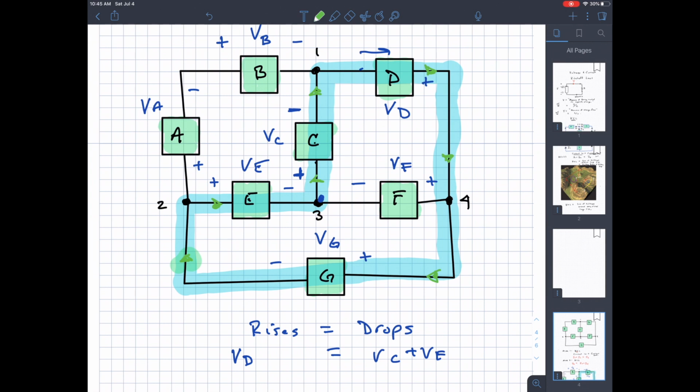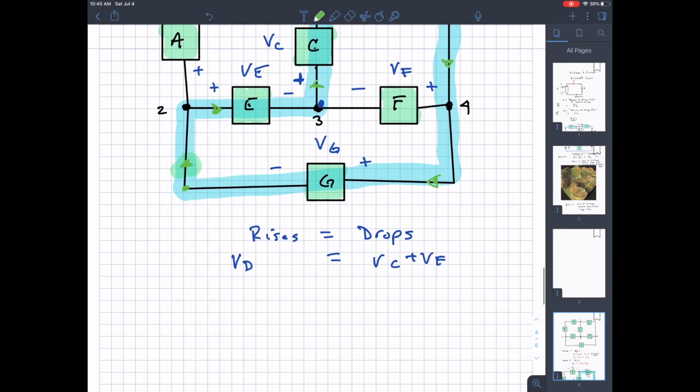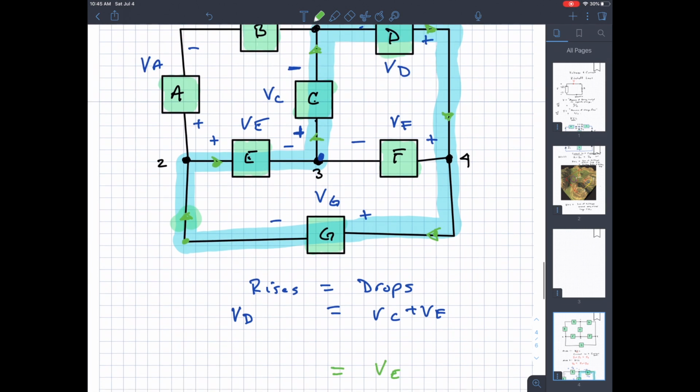Starting here at this point, we run across VE, and that's a drop. From here, we run across VC. VC goes plus minus, so that's a drop.